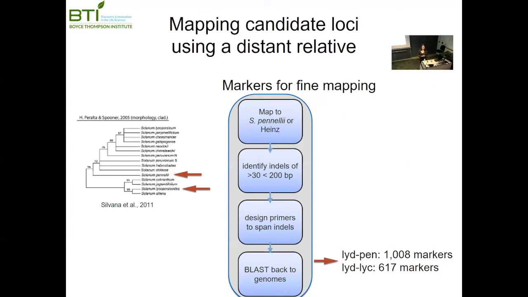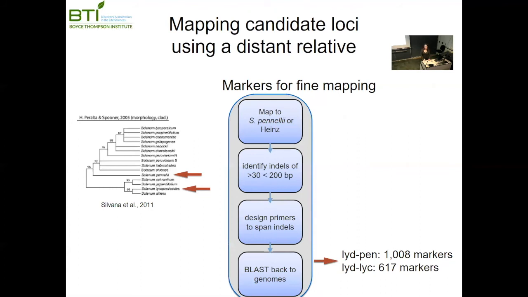Then we took those results and identified any region where we had an indel that was greater than 30 base pairs, but less than 200. Those parameters can be tweaked, but that's what we used. And then we used Primer3 to design primers on either side of that indel that we could use to distinguish differences in the F2 population to use as markers.